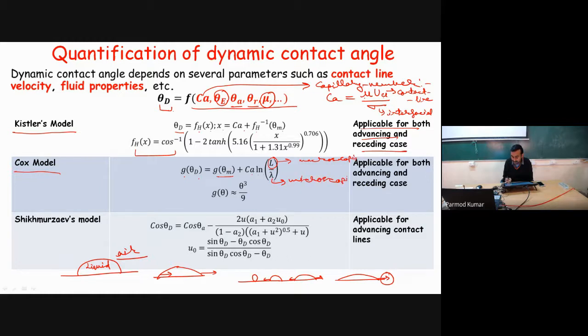The difference between the macroscopic and microscopic length scale is this: when a drop is resting on a surface, it will have a shape something like this.